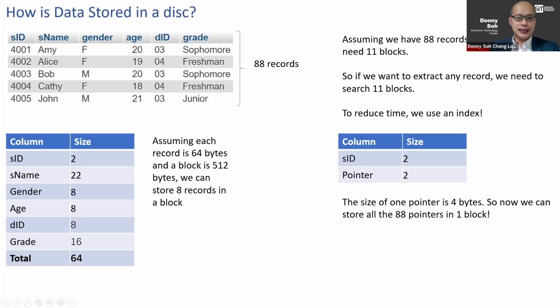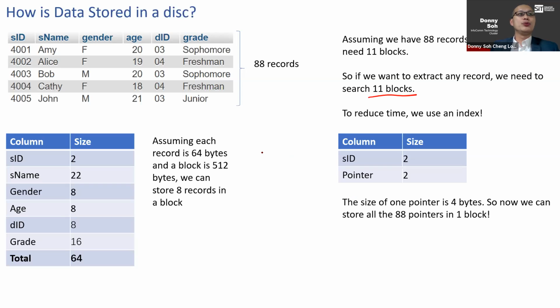So how is data stored onto the disk? We go back again to our recurring example. Initially we have 88 records, and we said that we need 11 blocks. To reduce time, we use an index.